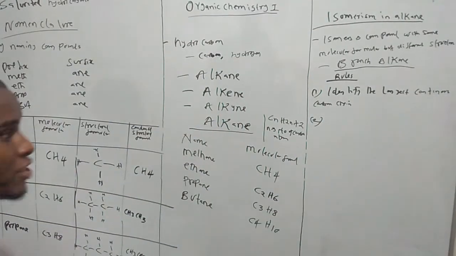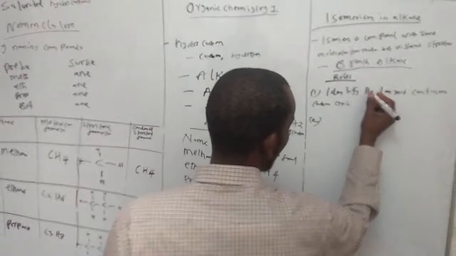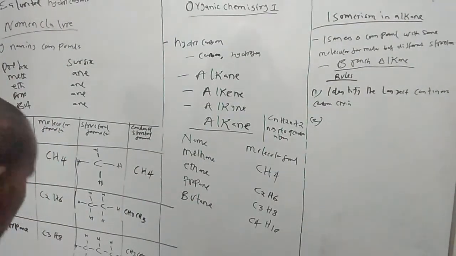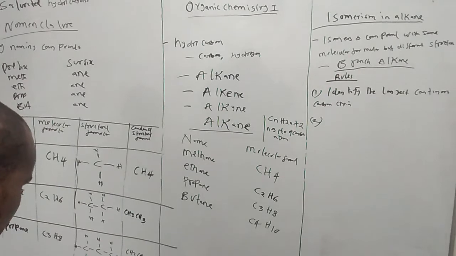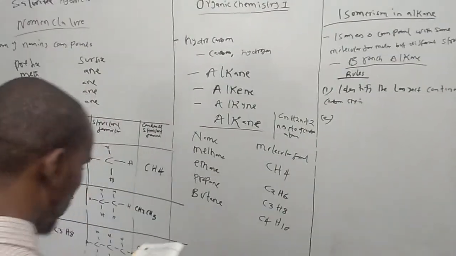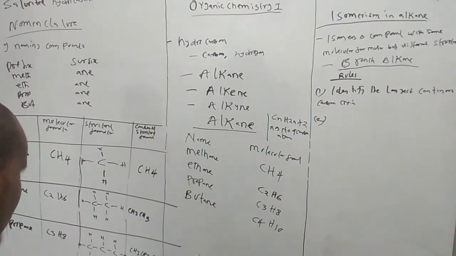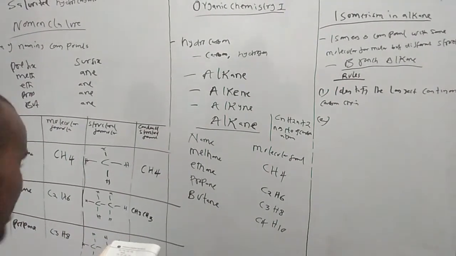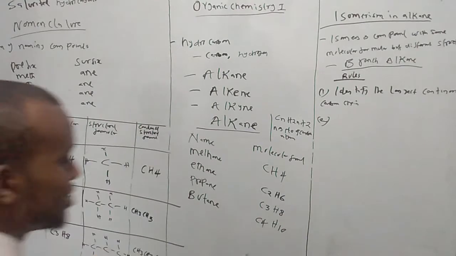After we have identified the longest continuous carbon chain, then we need to go to step 2 so that we are able to name this branched alkane very well. We are told to number the longest chain from the end of the chain that is near the branching.